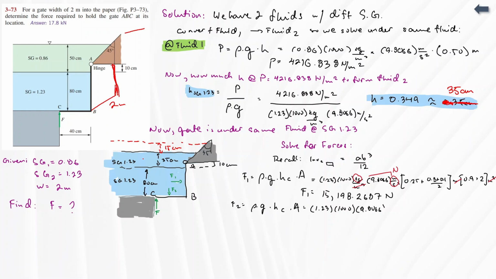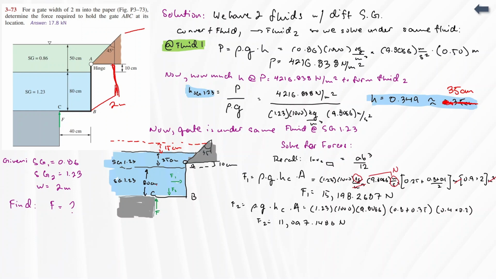Oh. So, for force 2 naman dito, we're talking about this. Napapansin nyo, it's just a submerged plate horizontally. So, this one's a lot easier kasi it's just the density times acceleration due to gravity times hc times area, where yung hc was just simply 0.8 plus 35 centimeters.